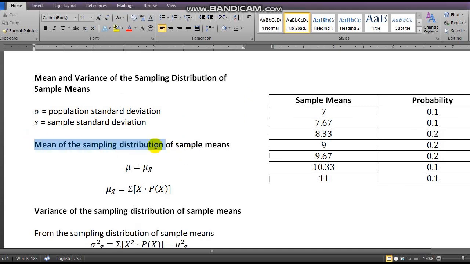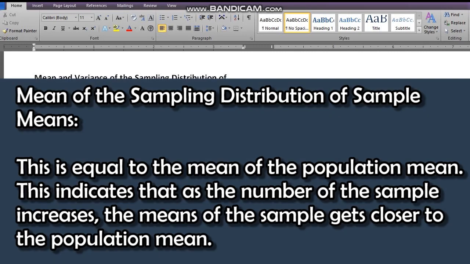So let's have the mean of the sampling distribution of the sample means. Take note that the mean of the sampling distribution of the sample means is equal to the mean of the population. This indicates that as the number of samples increases, the means of the samples get closer to the population mean.